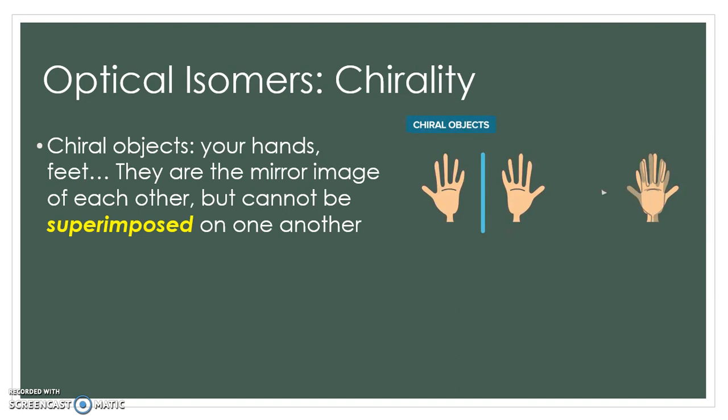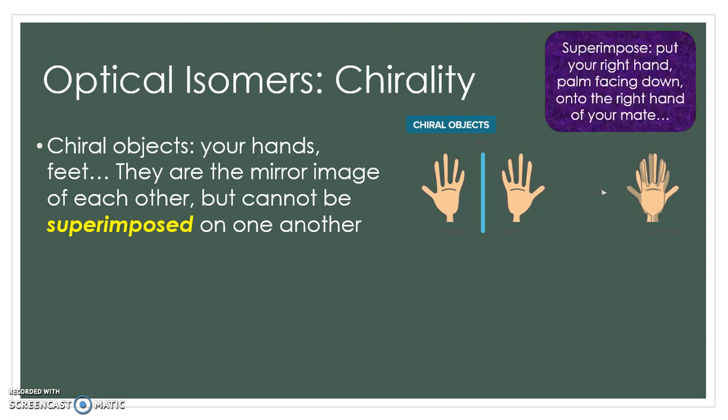If you want to put your right hand on top of your left hand, both palms facing down, then you'll notice that your thumbs can never overlap with each other. And the little fingers also cannot overlap with each other. So our left hand and right hand are not the same. They are not the same kind of spatial arrangement. They are chiral objects, and they cannot be superimposed onto one another.